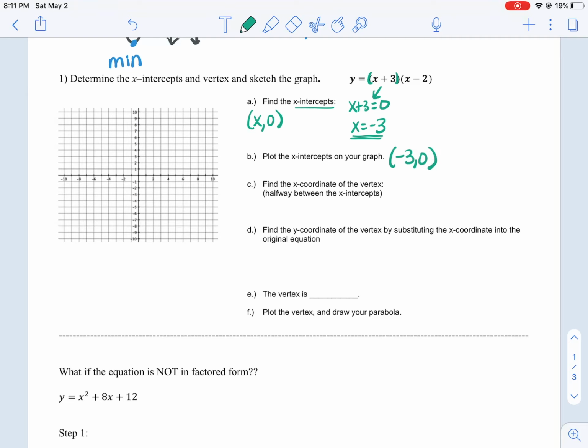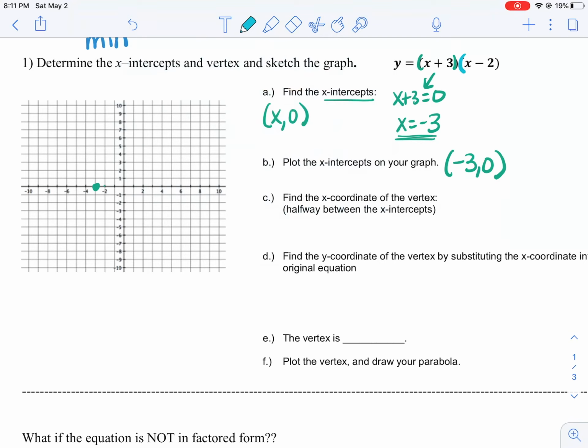Okay, and then we're going to do the other one. Set the other factor equal to 0. So x equals 2. That x-intercept is 2 comma 0. So over 1, 2 comma 0. Now we want to find a vertex. It's either going to be the highest point or the lowest point.